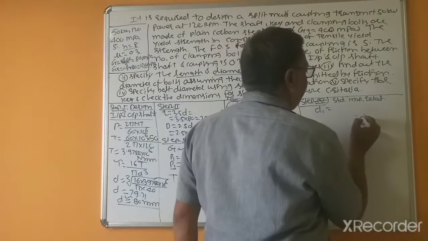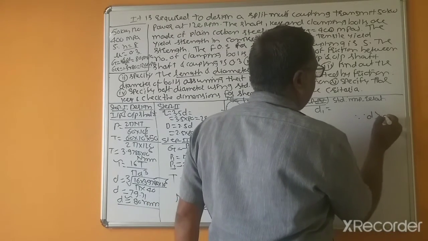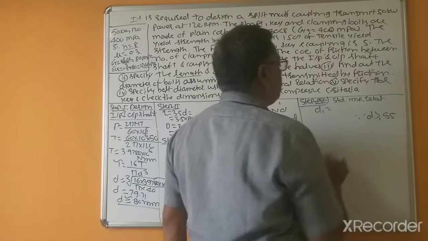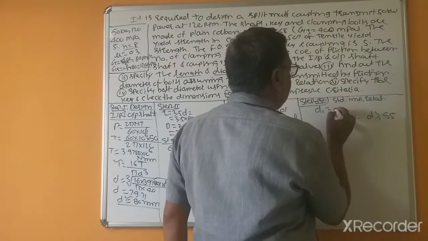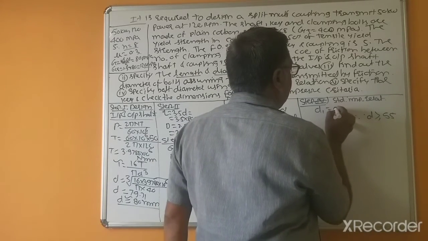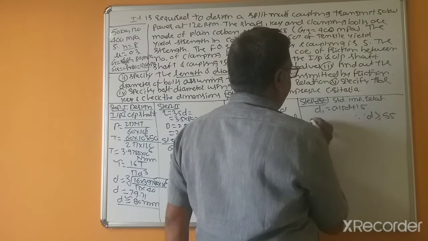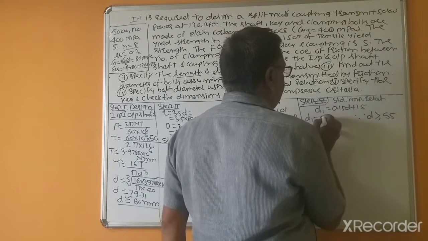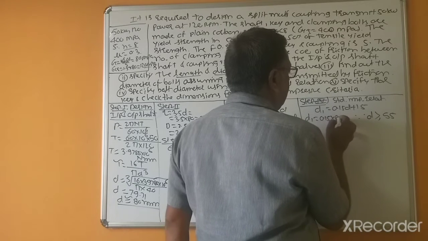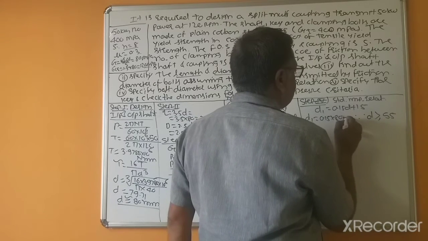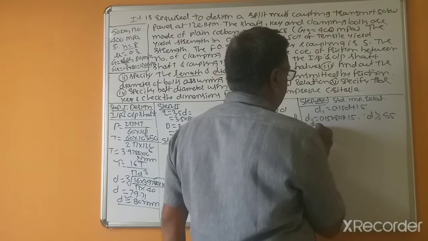Since D is greater than 55, here we can use the relation 0.15 D plus 15, 0.15 into 80 plus 15.